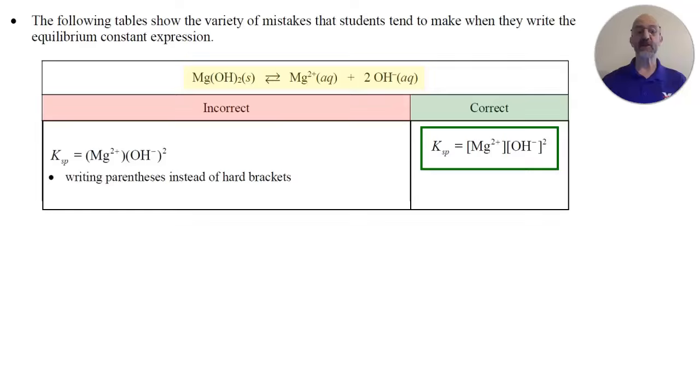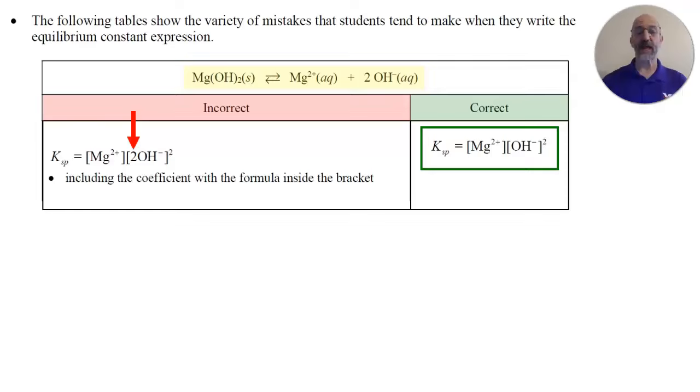Another mistake that students make is instead of using hard brackets to indicate the concentration, they use parentheses. Another example of a student mistake is they write Mg and OH, but they omitted the charges on the ions in their equilibrium constant expression. Another mistake is to include the coefficient in the formula, and that's written inside the bracket.